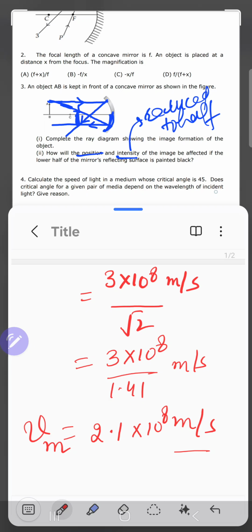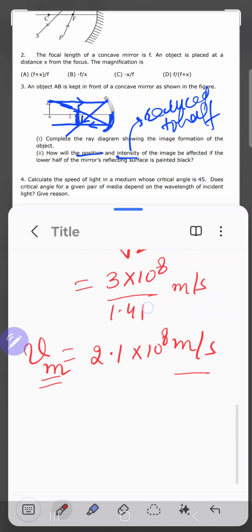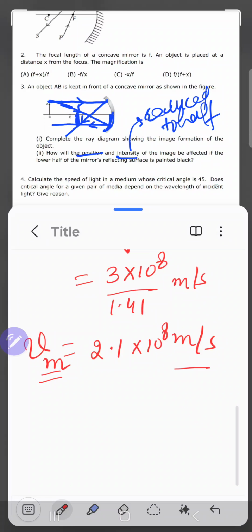And second part of the question is, does critical angle for a given pair of media depend upon the wavelength of incident light? Give reason. Now you can see refractive index depends upon velocity. Velocity also depends upon wavelength, as frequency would remain constant in refraction, but velocity is nu lambda.